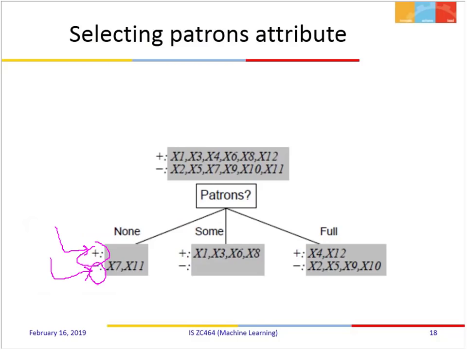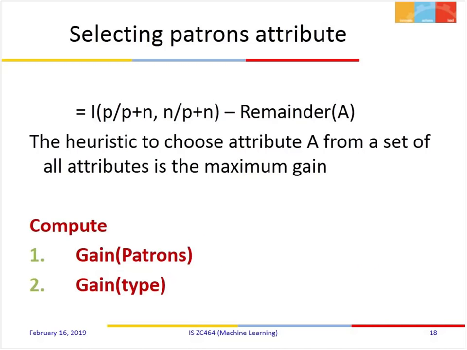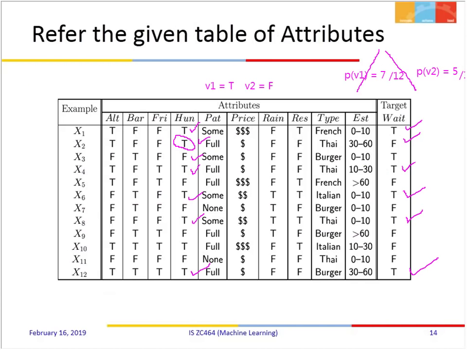So let us come back to the example and focus on the none value. I'll show you this one. Where is this patterns attribute? This is here, and we are focusing on none. None is the 7th, and none is also the 11th, right? This none has given us false for the target wait, and the 11th one also has given us false.